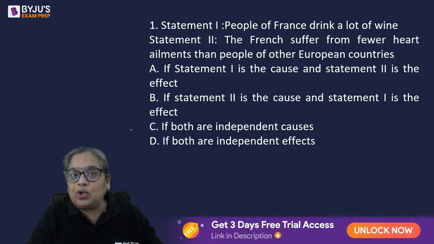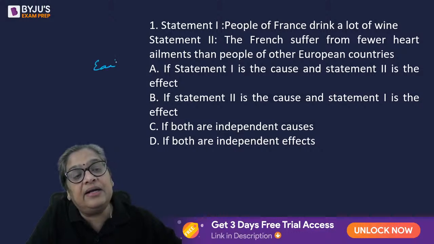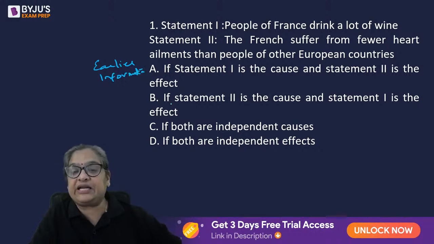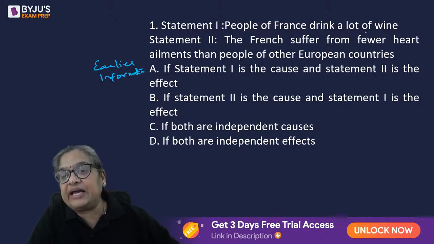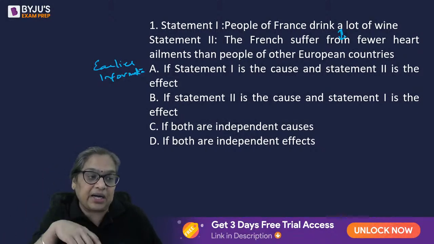But you do not know that. You cannot rely on any earlier information. So based on this statement itself, can you say there is a connection between drinking a lot of wine and fewer heart ailments?